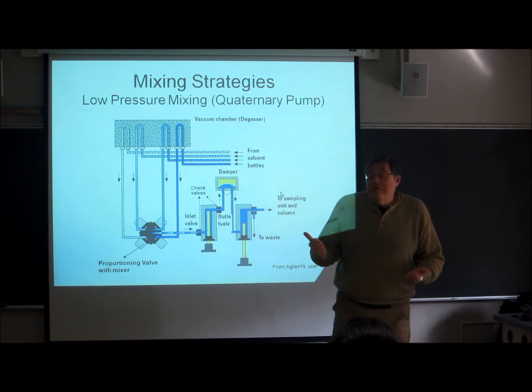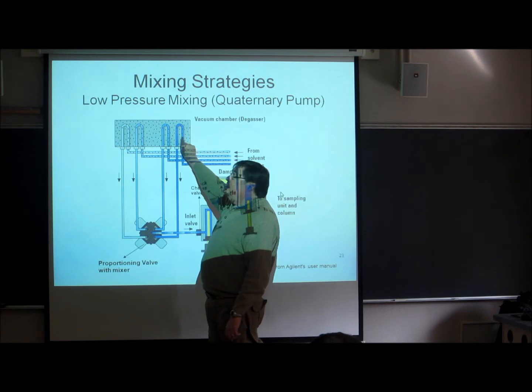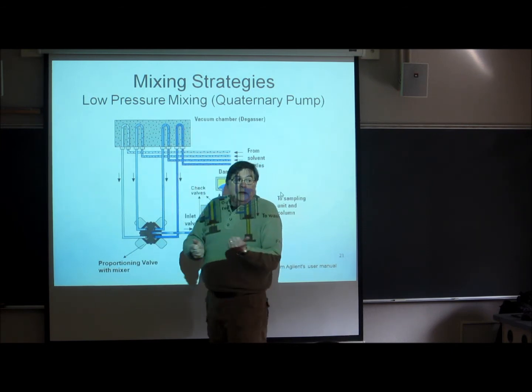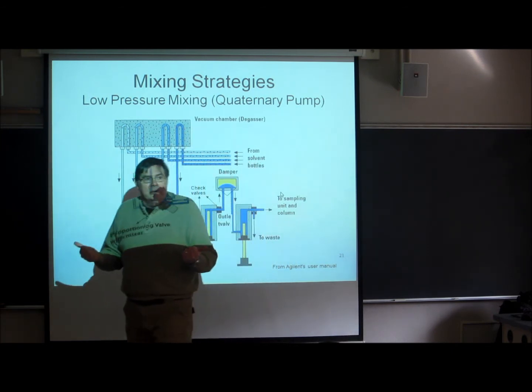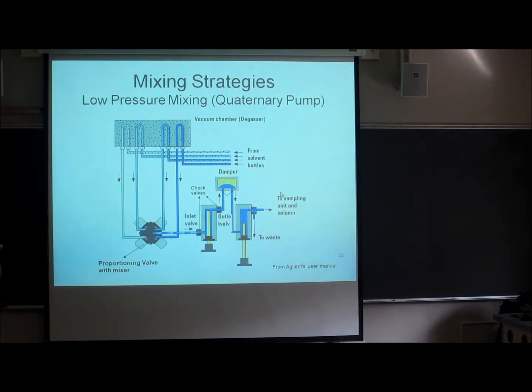Since this is low pressure on the outside, the gas pressure in the solvent is higher, and what happens? Henry's law, right? The fugacity increases and the gas comes out of the mobile phase. So this lowers the amount of gas in the mobile phase.